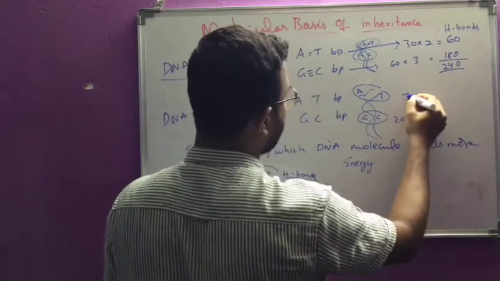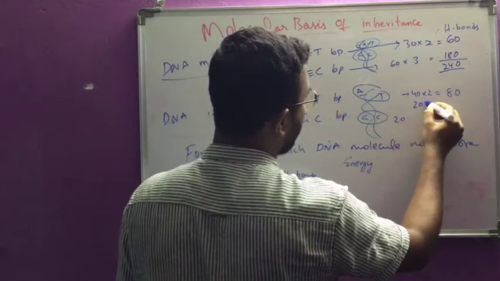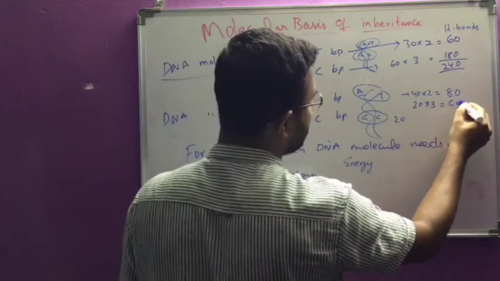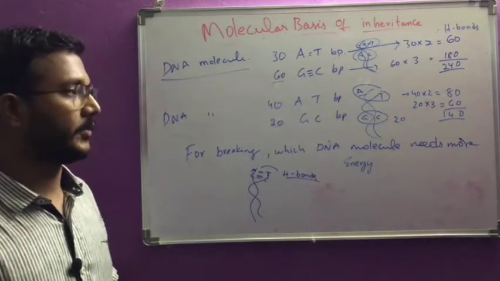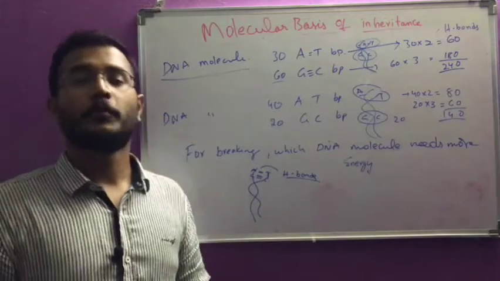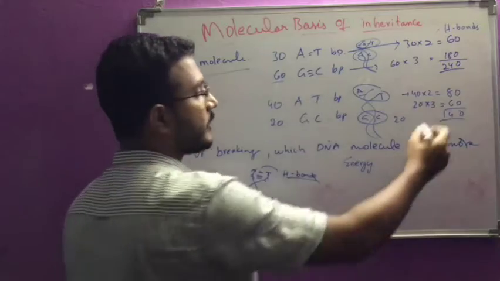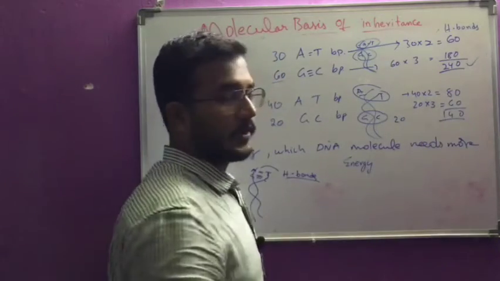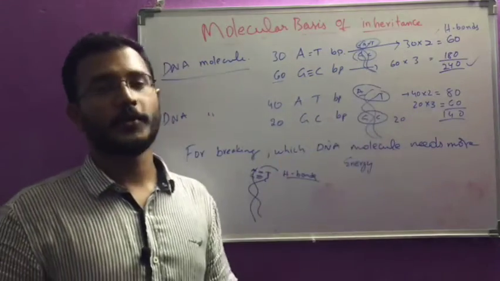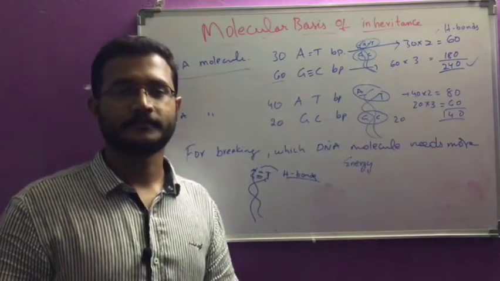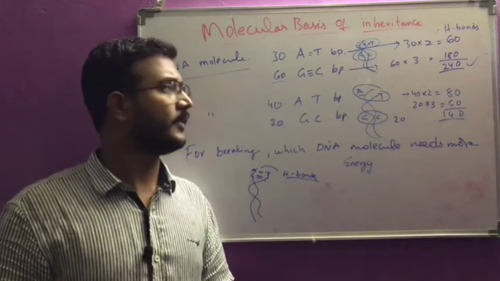Now calculate this one: 40 into 2 is 80, 20 into 3 is 60. So here we have only 140 hydrogen bonds. Simply, if the bonds are more, more energy is needed to break those bonds. Here we have 240 hydrogen bonds, so for breaking this DNA molecule we need more energy. They may ask this in the exam.